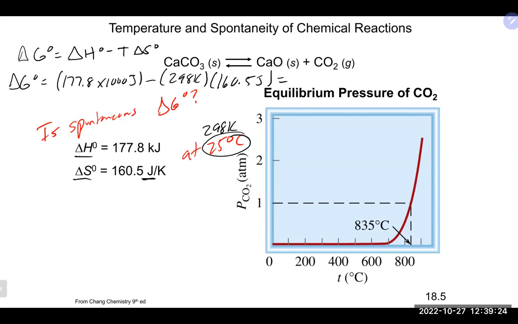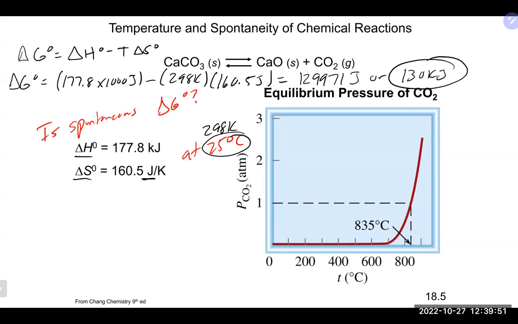Putting all that together, 177.8 times 1,000 minus 298 times 160.5 gives me 129,971 joules, or since this is delta G, about 130 kilojoules, give or take.